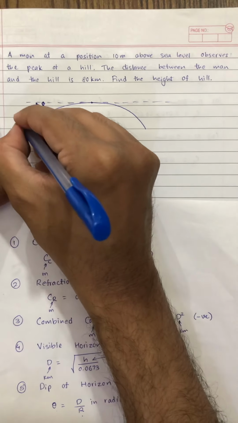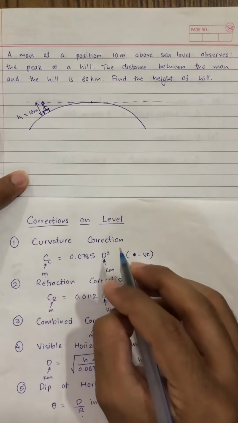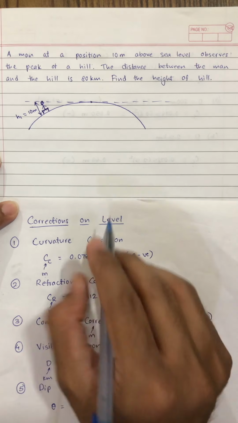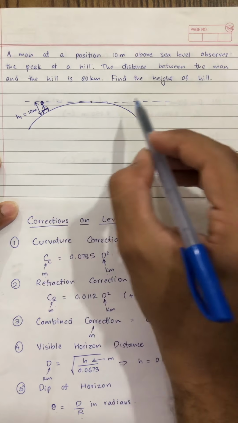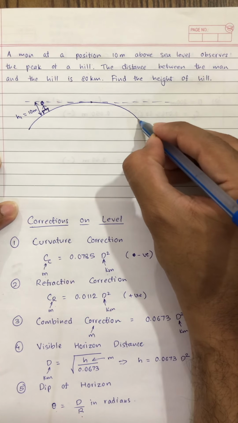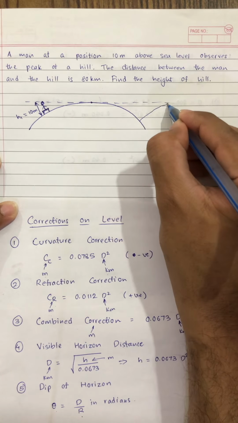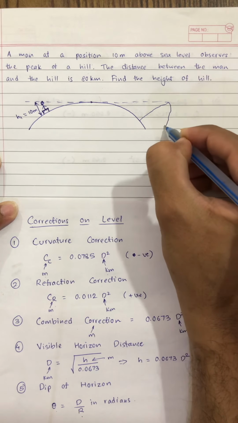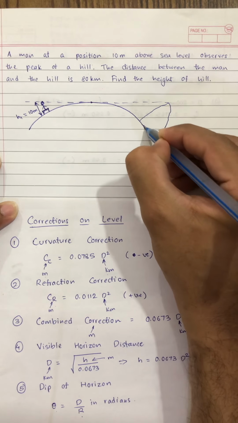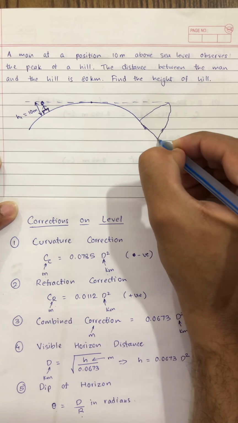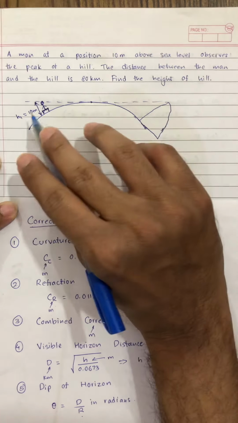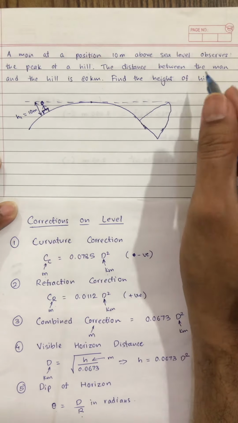Let us say that this height is h1 equal to 10 meter above sea level, and he observes the peak of a hill. At the other end he observes the peak of a hill. Suppose this is the hill and the peak of the hill is observed by this person standing over here.